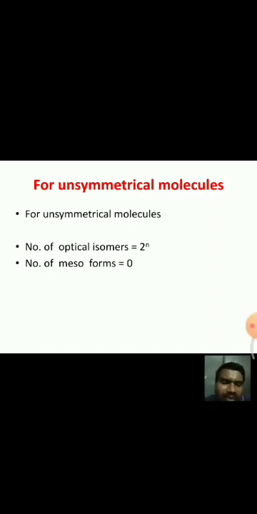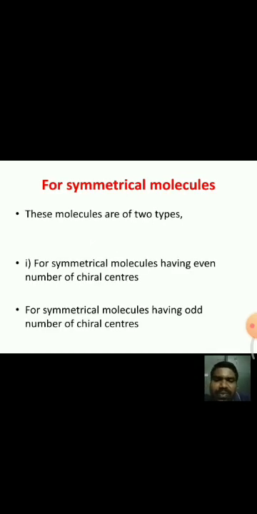We can classify the molecules into two types: symmetrical molecules and unsymmetrical molecules. For unsymmetrical molecules, the formula is simple. The number of optical isomers is equal to 2 power n, and there is no possibility of mesomolecules because these are unsymmetrical molecules. The total number of stereoisomers is also 2 power n plus 0, that means 2 power n.